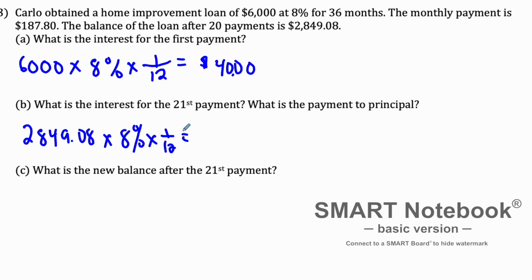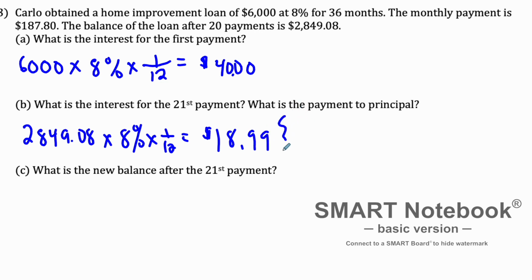Okay, so 2,849.08. And we're going to multiply this by 1/12 again, 1 divided by 12. And you can see we're going to get $18.99.